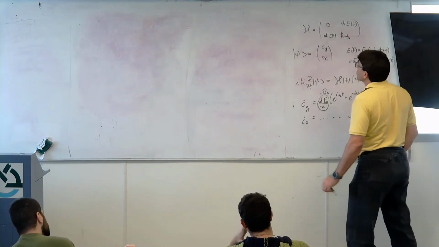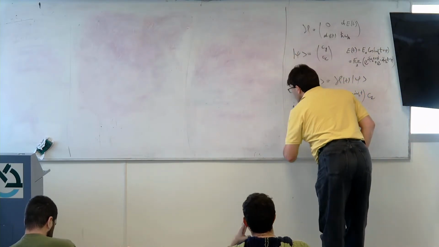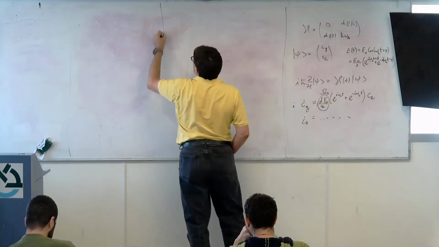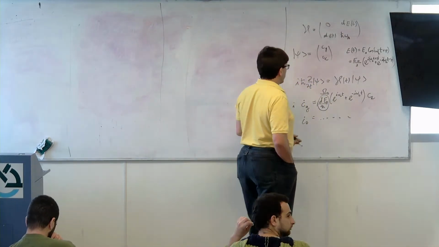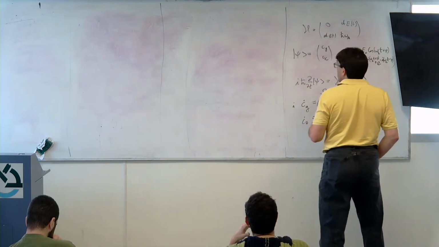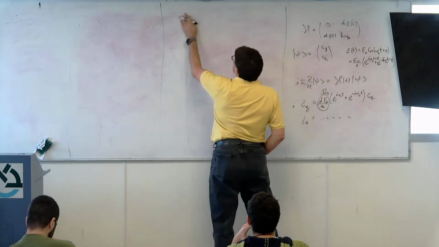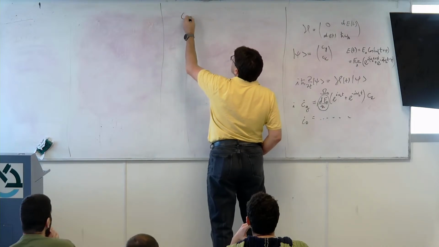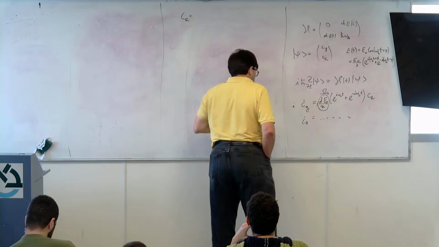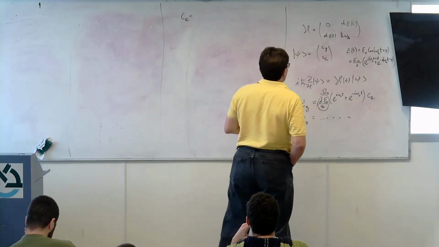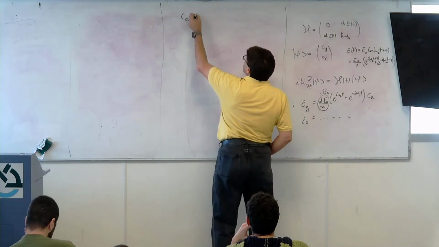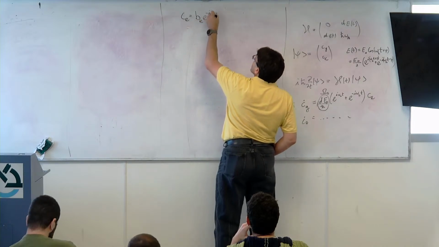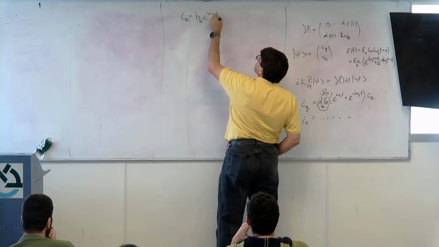And then we said, let's move to the rotating frame. So moving to the rotating frame meant that, let's write something like C excited equals B excited times e to the minus I omega laser t.